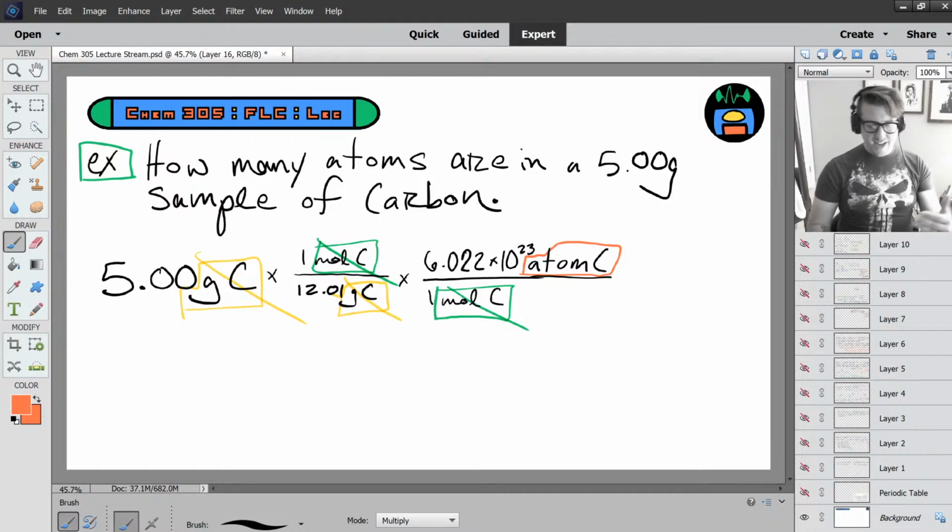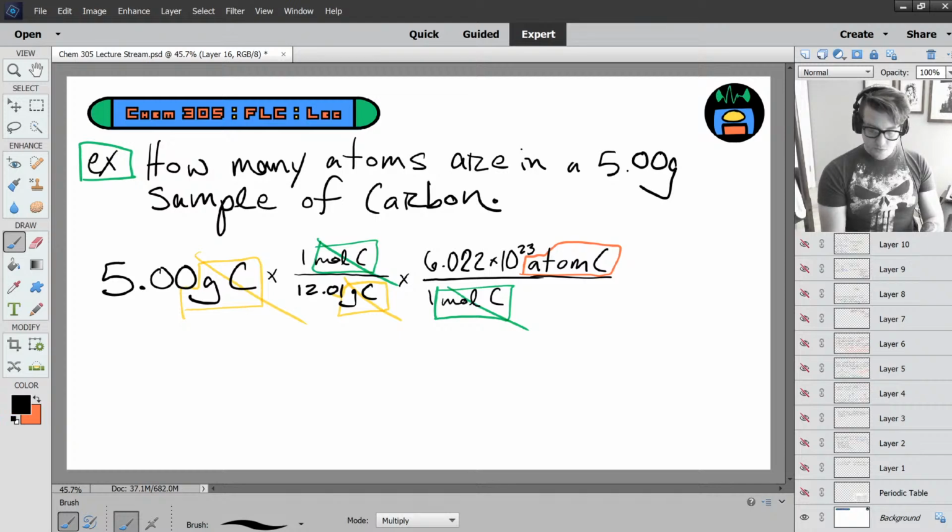And so that is the unit we're after. So now we can crunch our numbers, right? I'm opening up my calculator. We take 5.00, divide by 12.01, and then multiply by 6.022 times 10 to the 23rd.